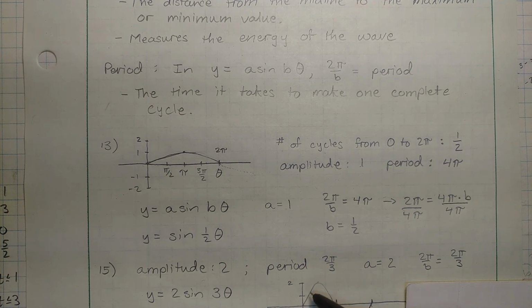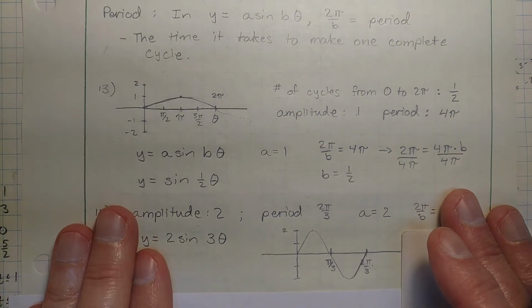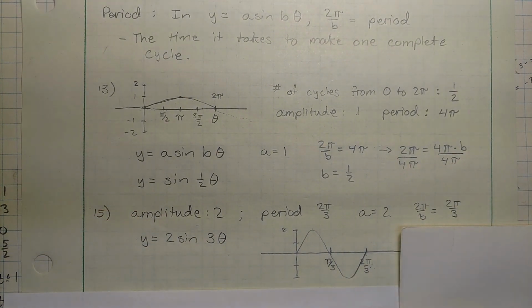Because I know that's how long it takes to make a full cycle, which means that it must make half a cycle, and half of that pi over 3. And now I will just sketch it proportionally. Don't worry about whether these are to scale so long as you label them. So long as you label the ending one is 2 pi over 3, the middle one is pi over 3, you've got it. And you know that from your period 2 pi over 3. Sorry, couldn't see that. That's what the whole thing looks like.